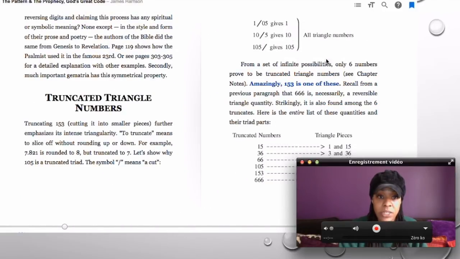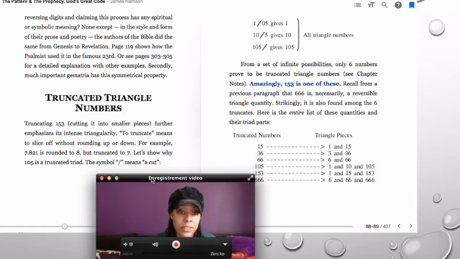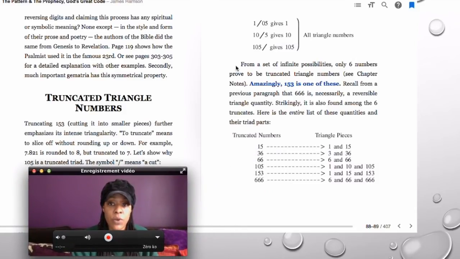Here he shows you the truncated triangle numbers. He's using 105 as an example. When you cut off the first digit, you have a 1, and then you move this slash over 2 digits, and then you have 10, and then you move the slash over 3 digits, and you have 105. 1, 10, and 105 are all triangle numbers.